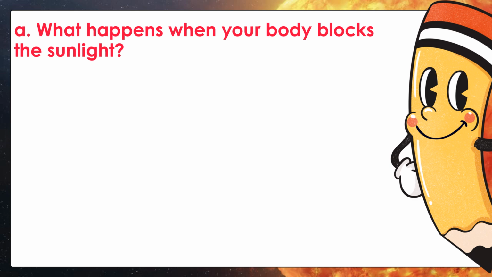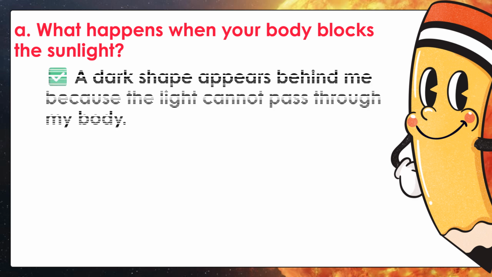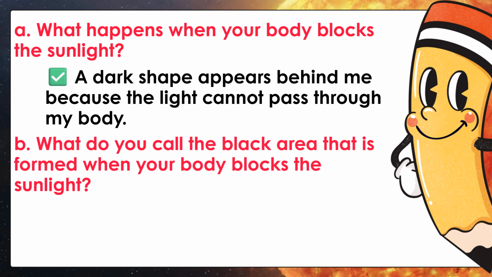Let us answer. A. What happens when your body blocks the sun? A dark shape appears behind me because the light cannot pass through my body. B. What do you call the black area that is formed when your body blocks the sunlight?